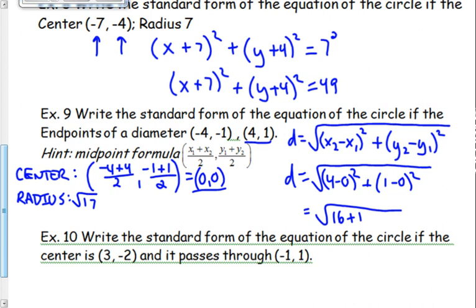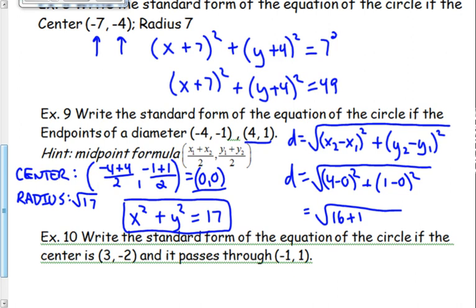So I can use the center and the radius to write my equation. My standard equation is x minus h, so in this case x minus 0 squared, so that's just x squared, plus y minus 0 squared, so that's just y squared, equals the square root of 17 squared, so that is just 17. So that's our answer.